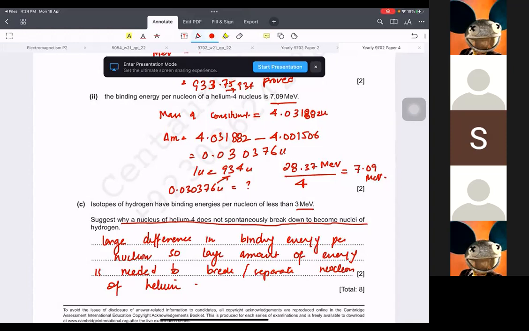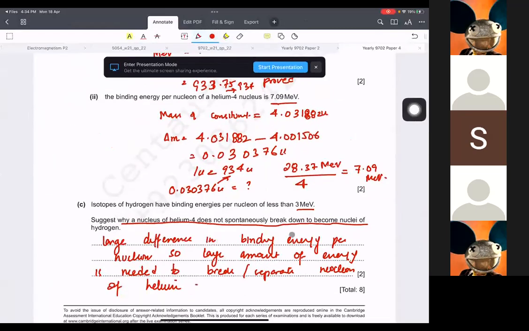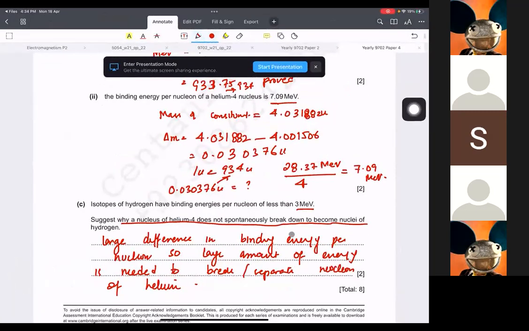Instead of energy, we can write that helium-4 is more stable than hydrogen. Yes, you can write that. All right, sir.